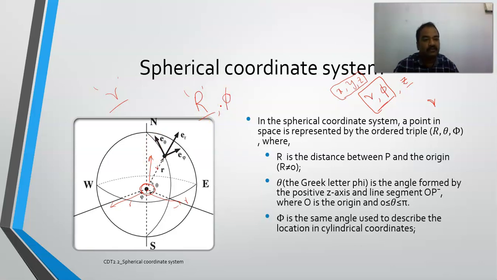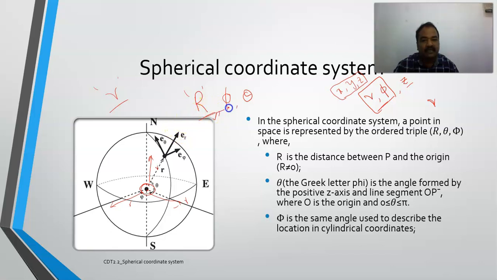Similar to the cylindrical system, I have r and phi, but the only difference is that instead of small r, I am representing it as capital R, and additionally you have one more coordinate, which I call theta.